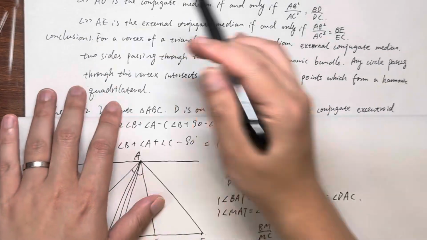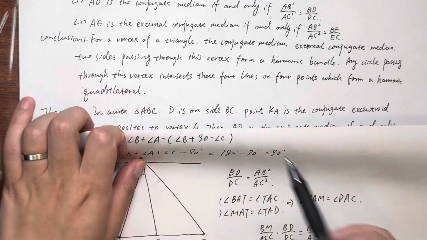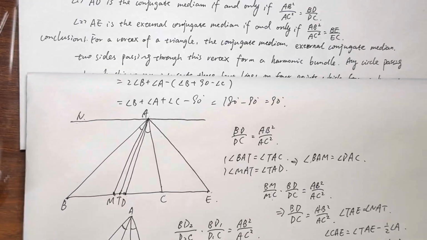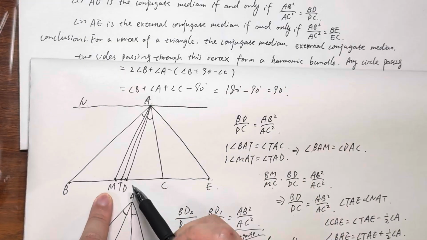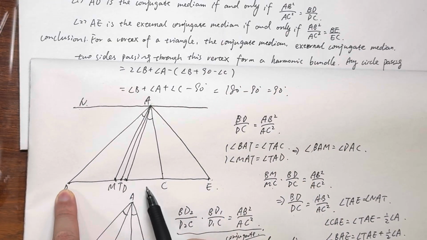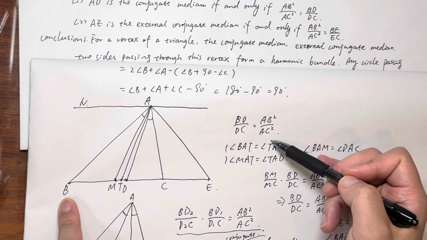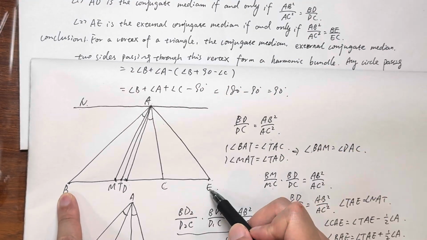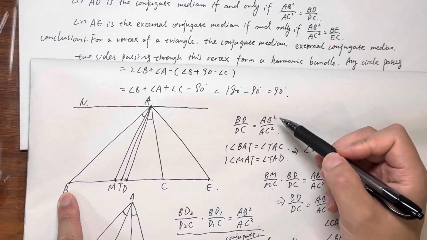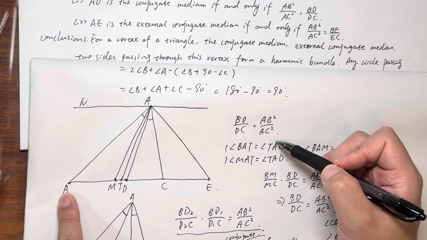That is the first property. And based on this property, we know that BD to DC equals AB squared to AC squared. And we know that BE to CE equals AB squared to AC squared.